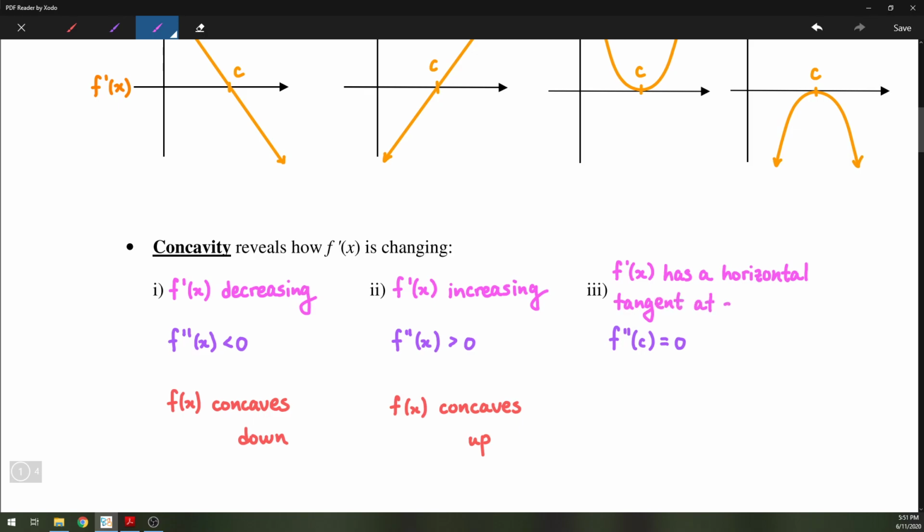What that means is that we have the function at c neither concaving upwards nor downwards. And that, in this case, gives us inflection points.